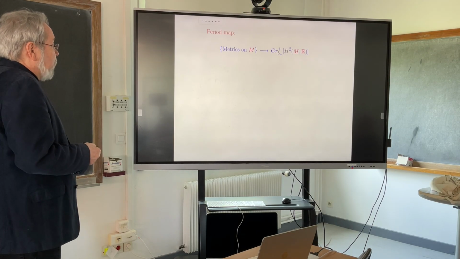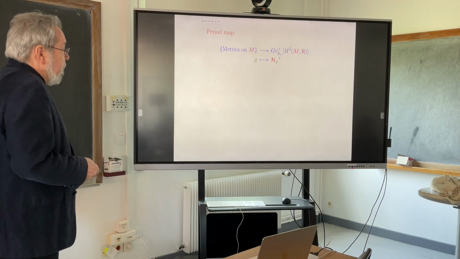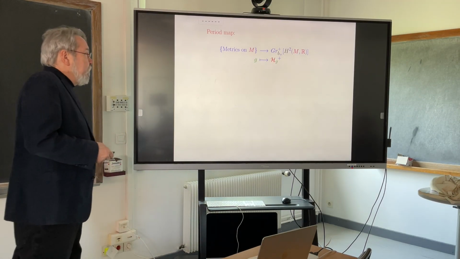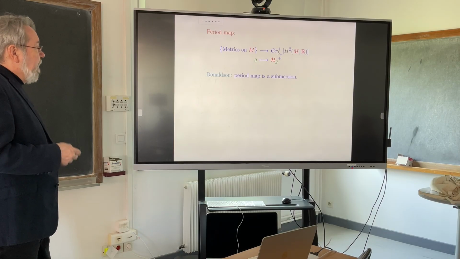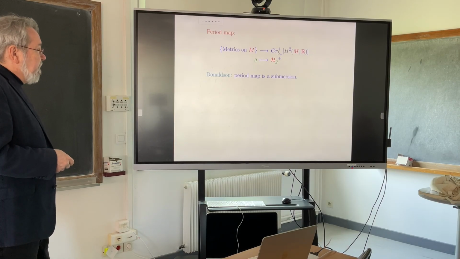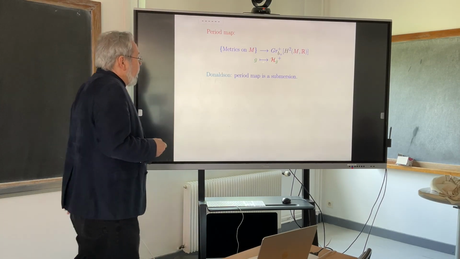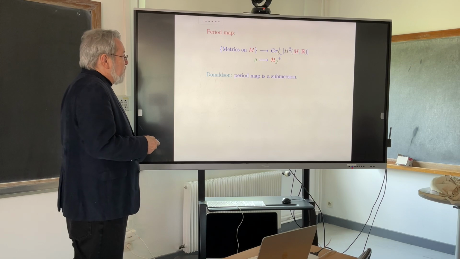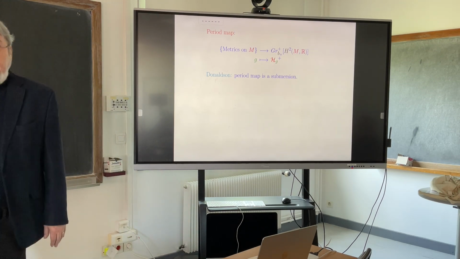So there's a natural map from metrics on M to this Grassmannian, sending g to the subspace spanned by the self-dual harmonic forms. And Donaldson's observation is that this is a submersion. As you vary the metric, the map from the tangent space of metrics to the tangent space of the Grassmannian is always surjective at any point.